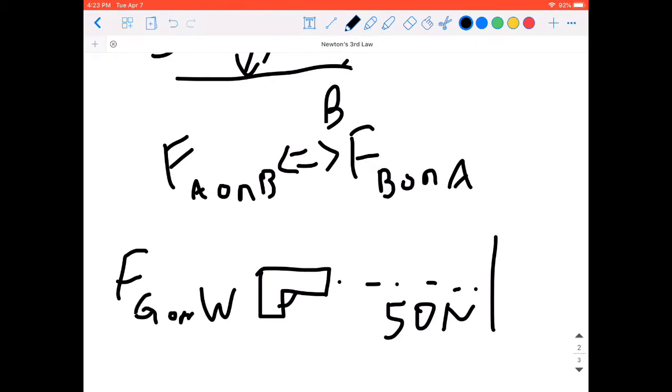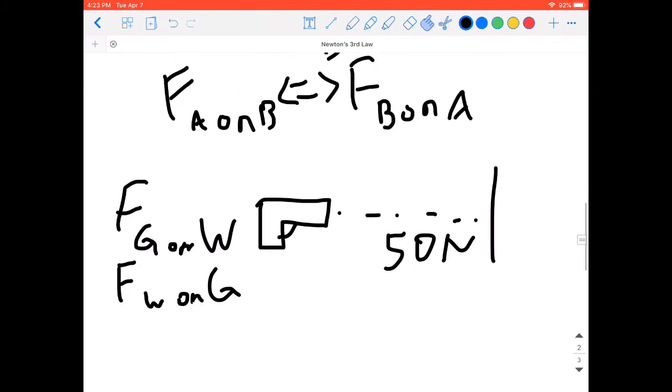The force of the bullet on the wall, and the force of the wall on the bullet would be the third law partner forces. So if the bullet had given the wall a force of 50 newtons, then the wall would push back with 50 newtons. And that's third law partner forces.